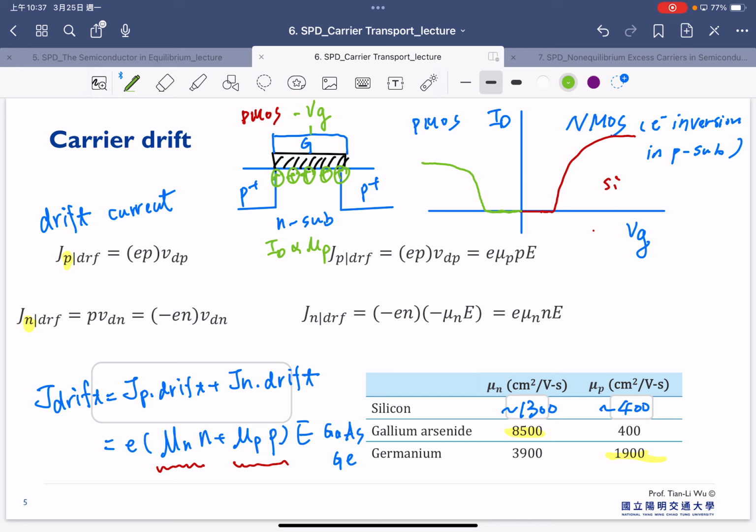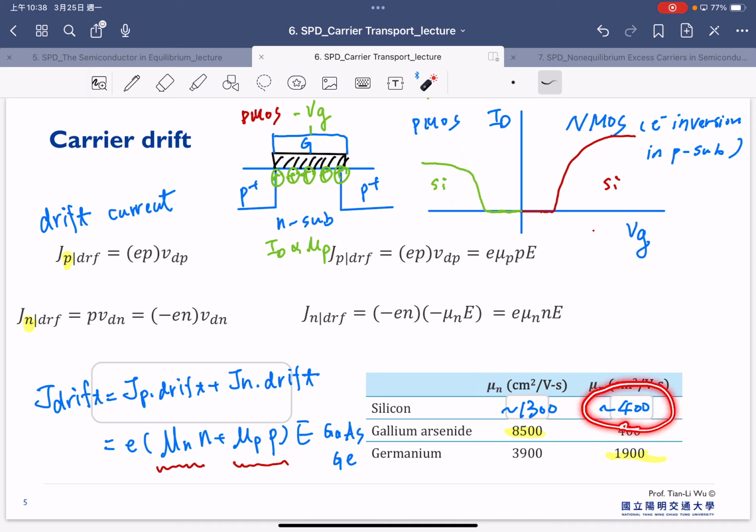So that's a typical ID-VG curve for the P MOSFET. And this is in the case of silicon. But now you see, we have an asymmetric IV curve. That means the current in the NMOS and the current in the PMOS are not equal. And this is because in the P MOSFET, we have very low hole mobility.